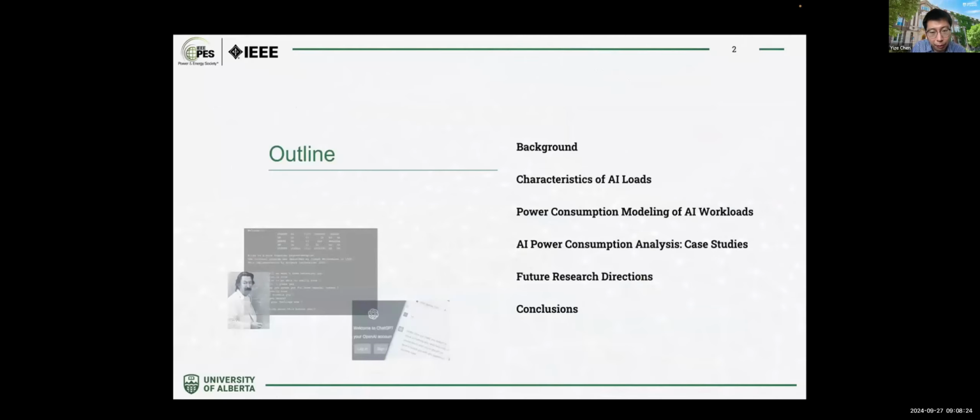We start from the background, and we will try to analyze and give a high-level overview of the characteristics of AI loads. Then we will talk about how we model and characterize the dynamic behavior, especially the transient behavior, of the AI loads. We will also try to figure out several possible research directions.